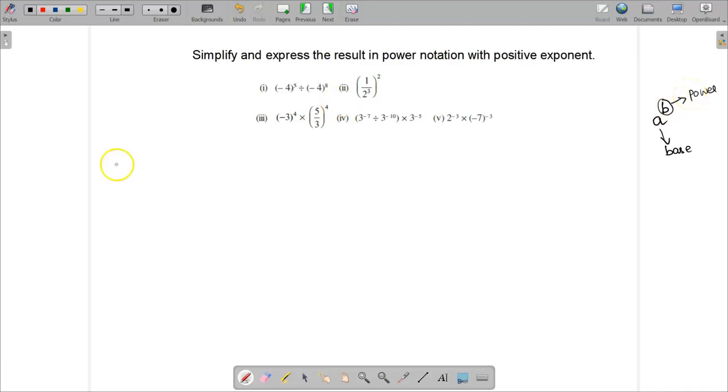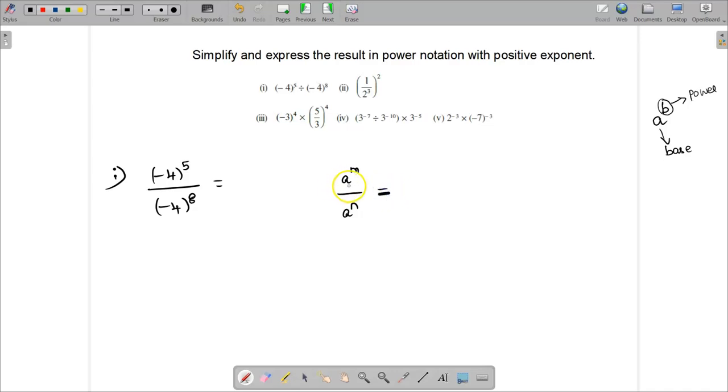Coming to the first problem, it is (minus 4) the whole power 5 divided by (minus 4) the whole power 8. To simplify this expression, we have the law of exponents: a power m divided by a power n.